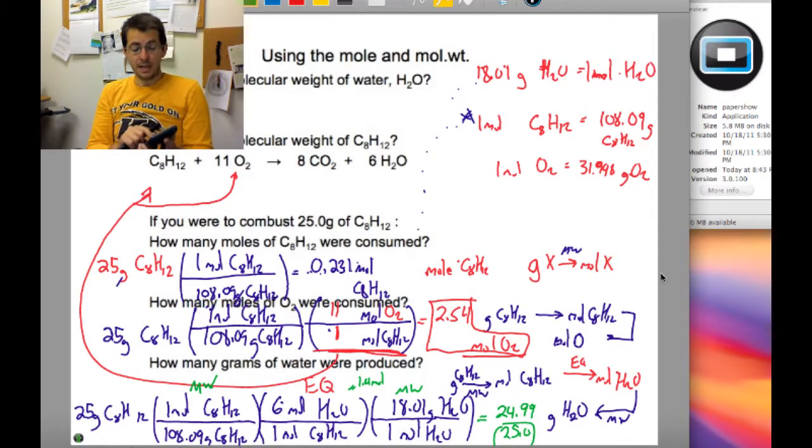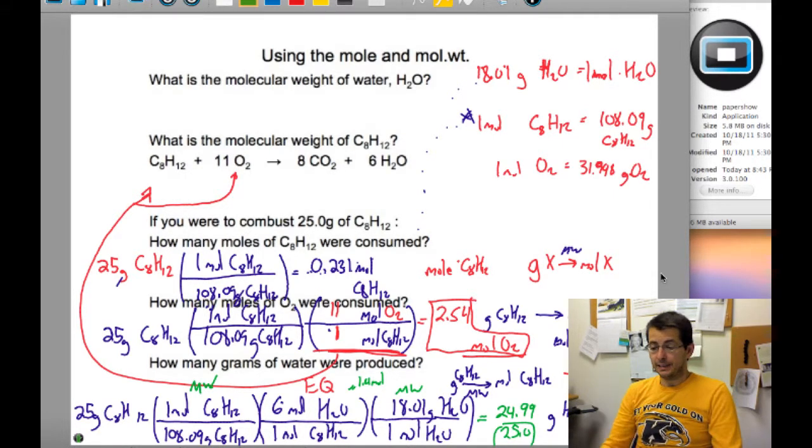But you'll see that 1.4 divided by 0.231 is a 6-to-1 ratio. Exactly what it says in the stoichiometry. All right. So, even though the mass, in this case, turns out to be the same, just by bad luck, you can still see the mole-to-mole relationship is preserved.